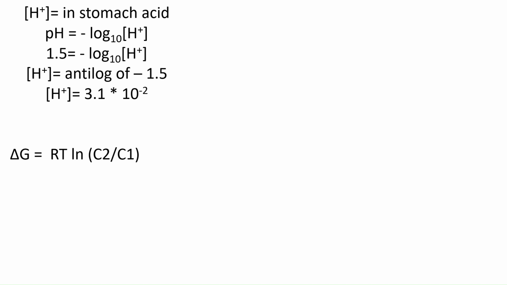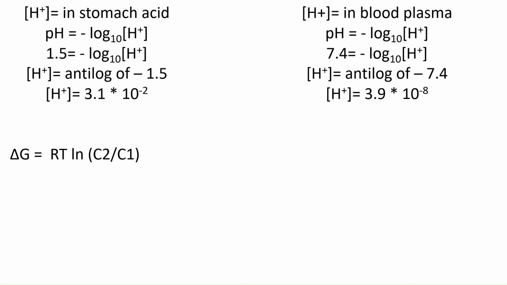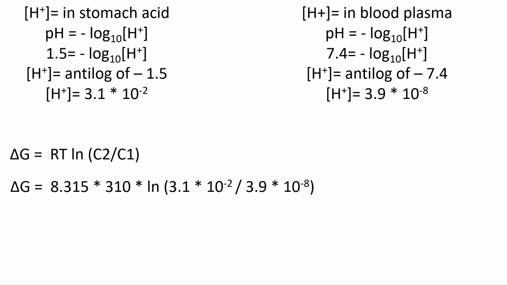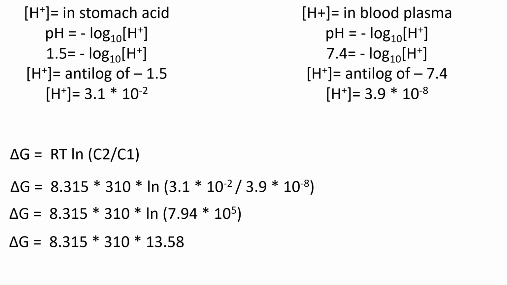And the H plus ion concentration for the plasma will be 3.9 into 10 raised to minus 8. Now we have all the four values required for the free energy change calculation, and we'll put them into the equation, and from solving this we'll get the free energy change to be around 35 kilojoule per mole.